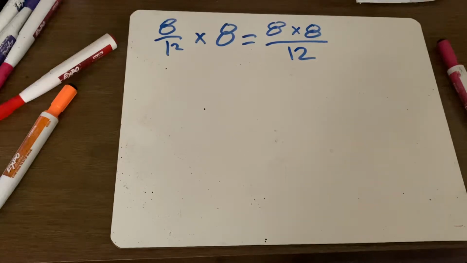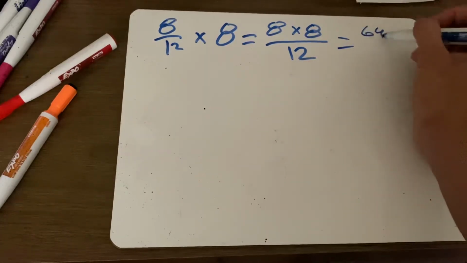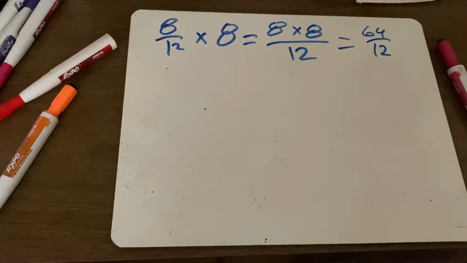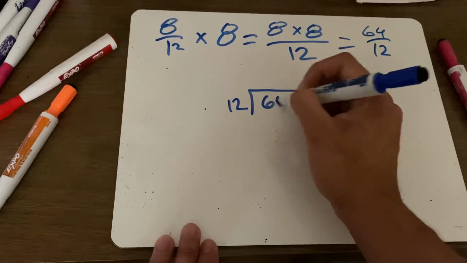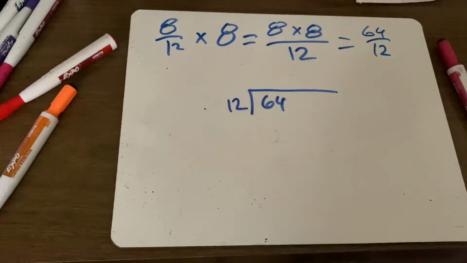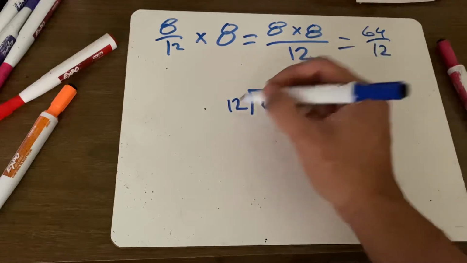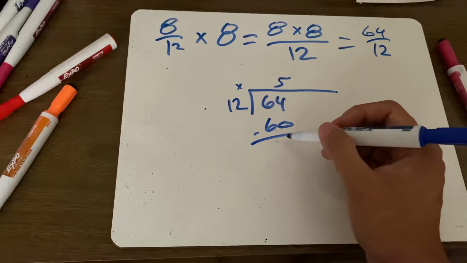What's the next step, everybody? Exactly, 8 times 8, that's 64 over 12. Then what do we do after this? Exactly, we divide it. 12 goes into 64, how many times? 5, exactly. 12 times 5, that is 60. 64 minus 60, that is 4.